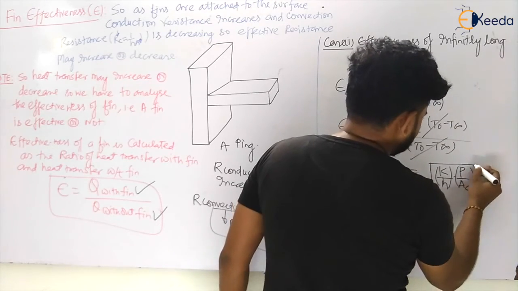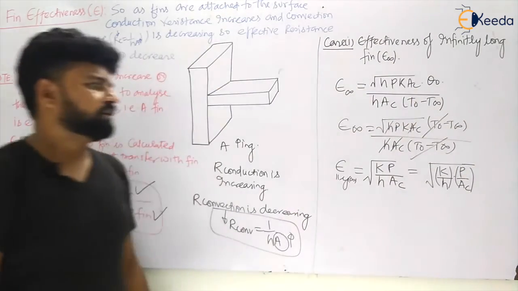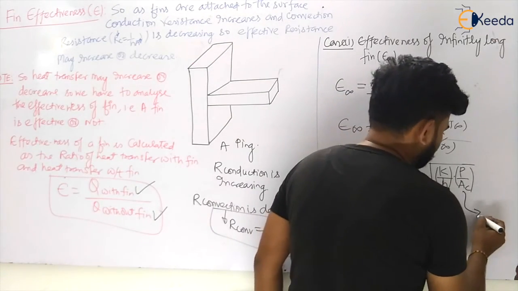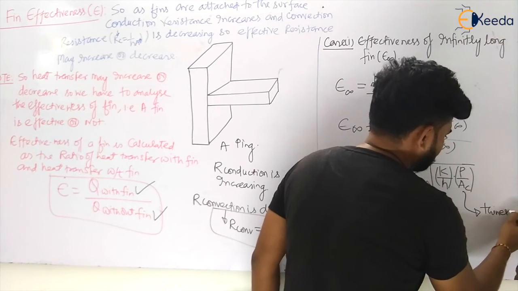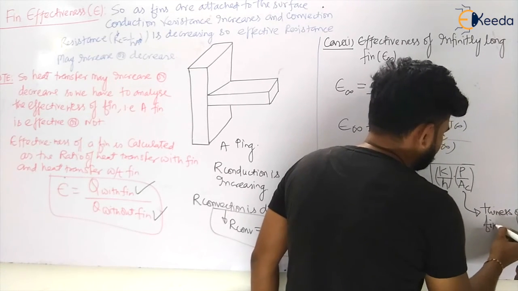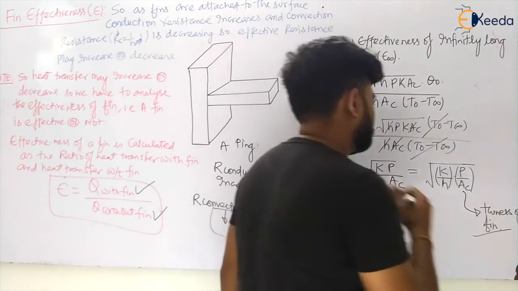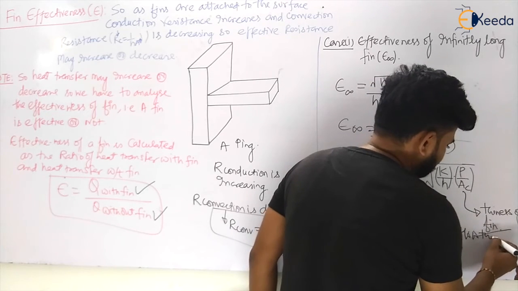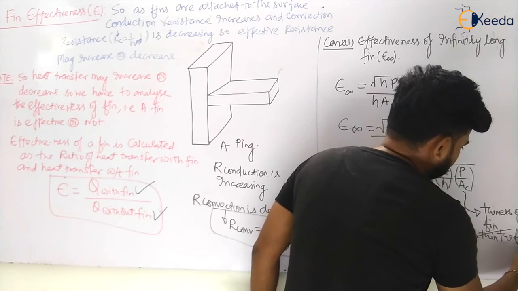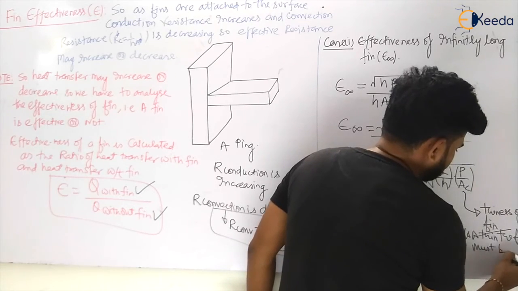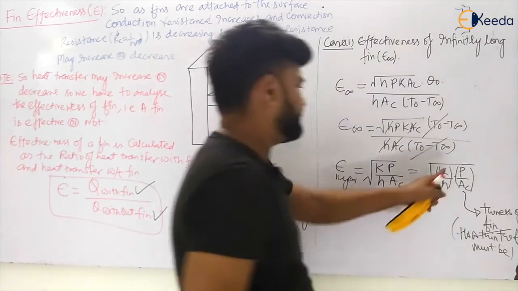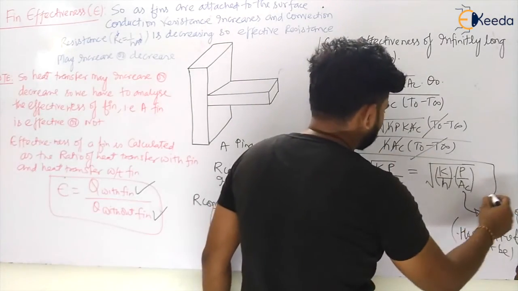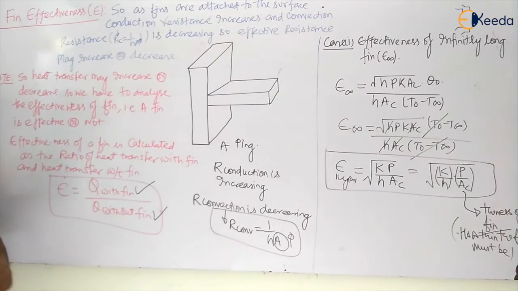So P by A_c, that is the perimeter to area ratio, will tell you what the thickness of the fin should be. It delivers the message about how thin the fin must be, my dear students. And effectiveness k by h will tell you whether it will be effective or not to use that fin. Okay, my dear students, so this will be for your infinitely long fin.